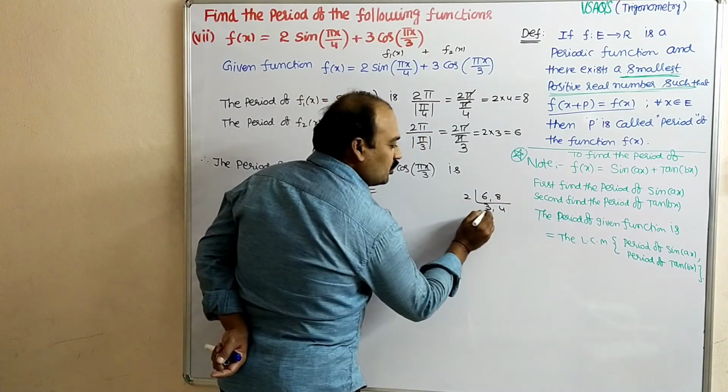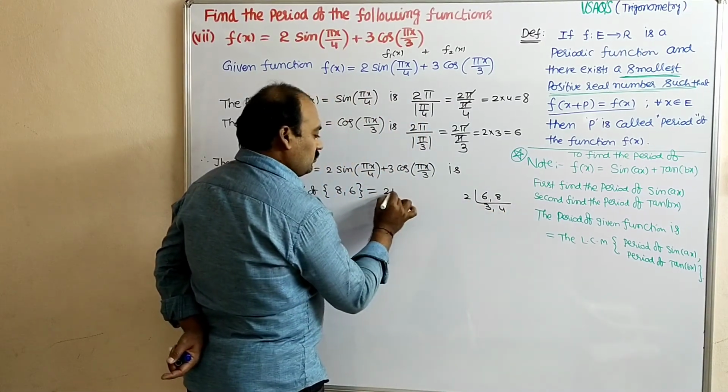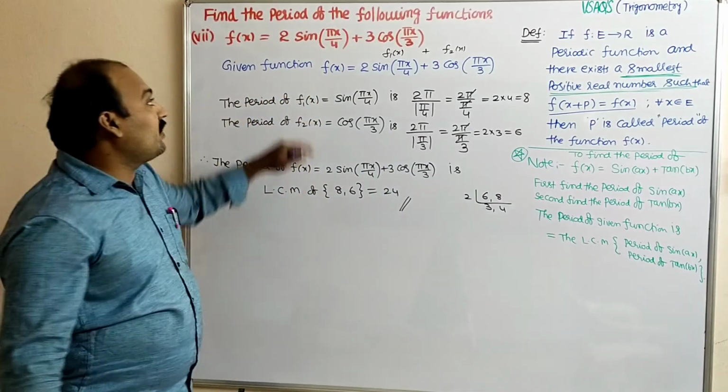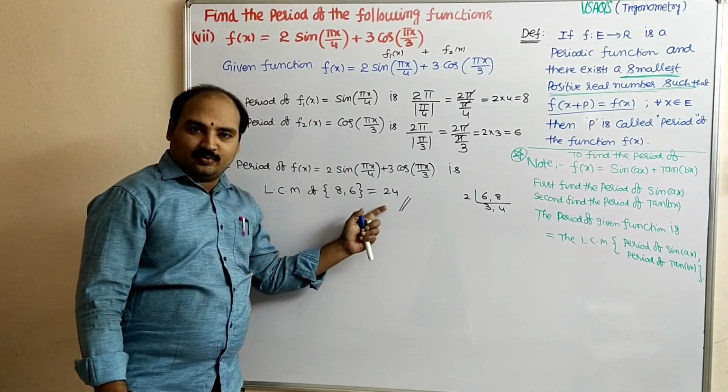So 2 into 3 into 4, 24. So therefore the period of the given function is 24.